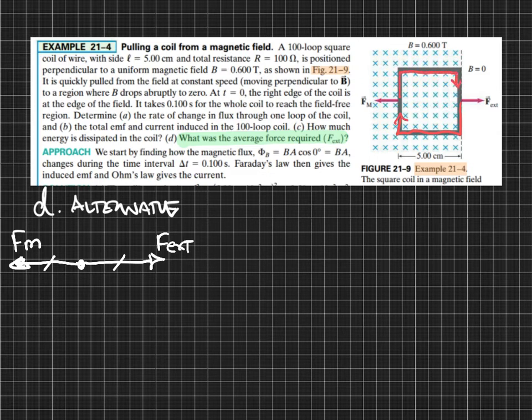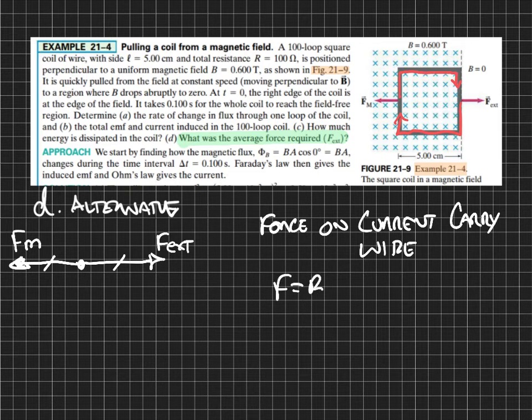So we can use the force on a current-carrying wire, which is F equals BIL, to help us figure out what this external force would be. You would use your right-hand rule.